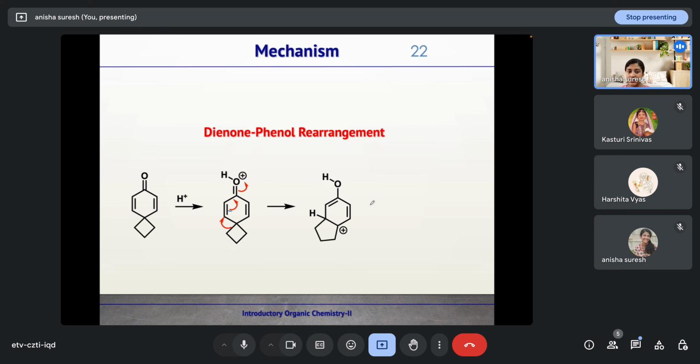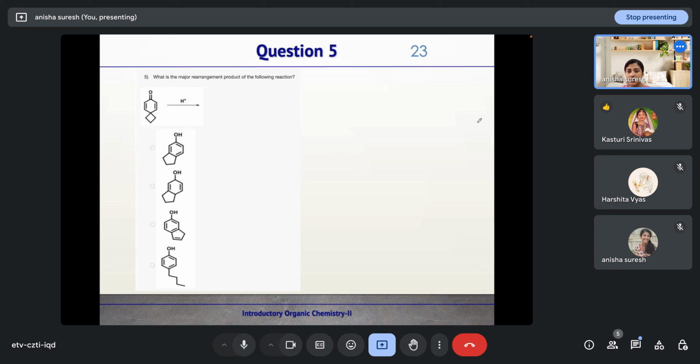So we will be getting this intermediate. Then this proton will get removed, leading to aromaticity. So this will be the final product that is getting formed. Clear? Okay. So option A is the right answer.